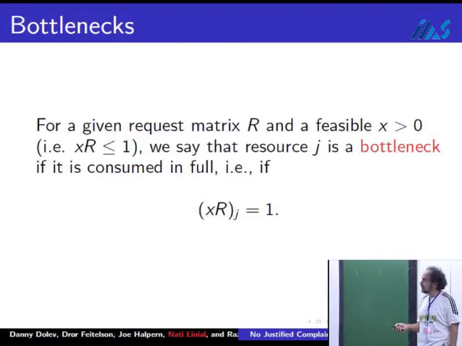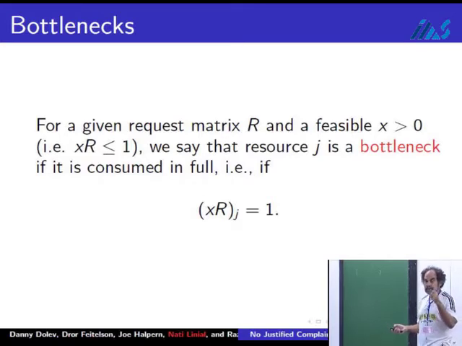That's still very simple. We say that a certain resource is a bottleneck resource in a situation that, so let's just make sure: E, the vector of entitlements, and R, the matrix of requests, are fixed.